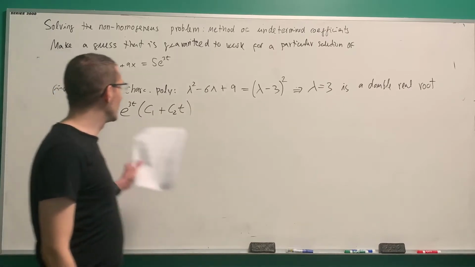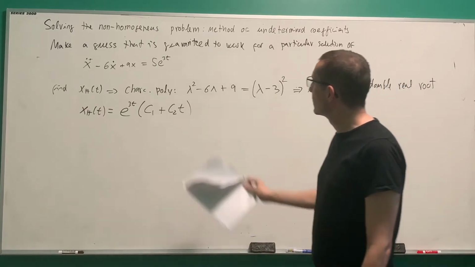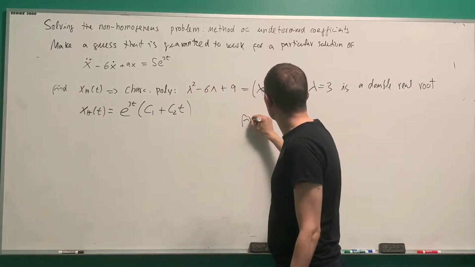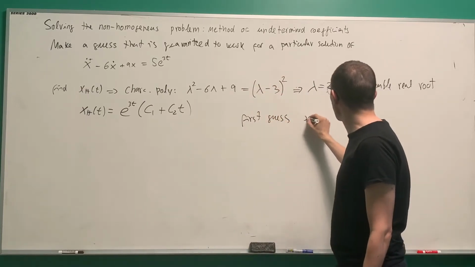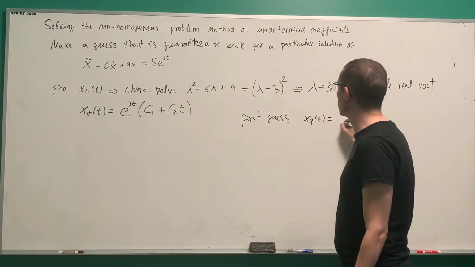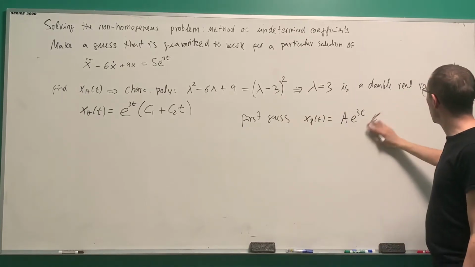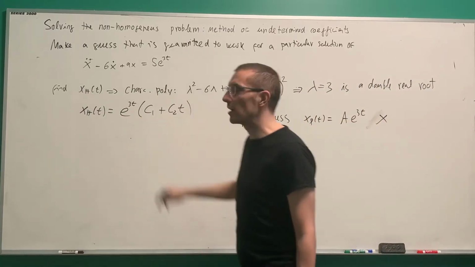All right, so knowing that the homogeneous solution is that one, we know that we need to make a guess. Let's do the first guess first. If there was no overlap, the guess would be easy. xp has to be an exponential, so a e to the 3t. But that doesn't work. There is overlap with this term, right?